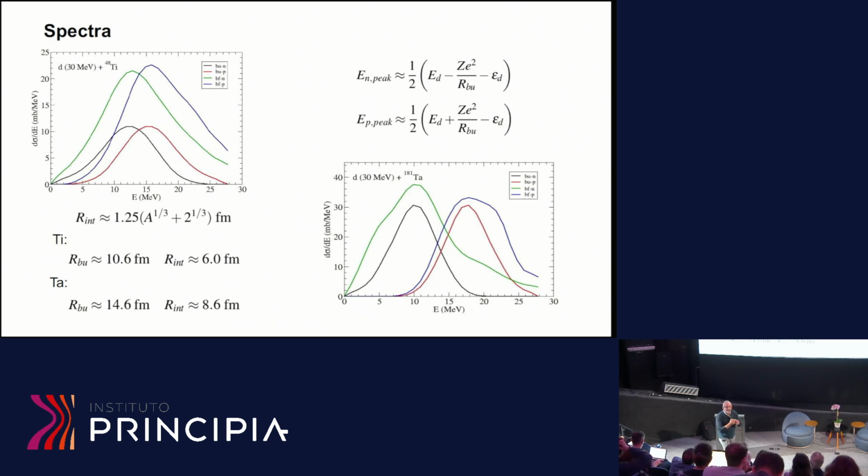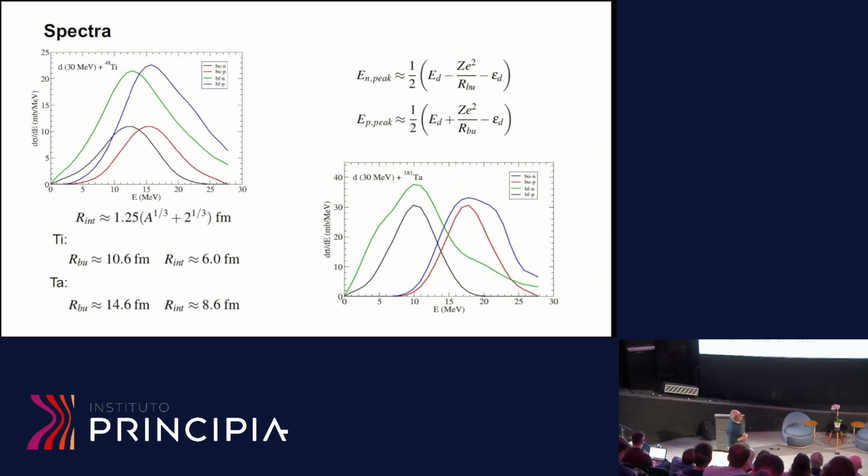Well, then after the breakup, the proton accelerates, but the neutron doesn't. And so when they're emitted, you expect the proton energy to have an additional Coulomb energy that it gained from the acceleration that the neutron didn't.